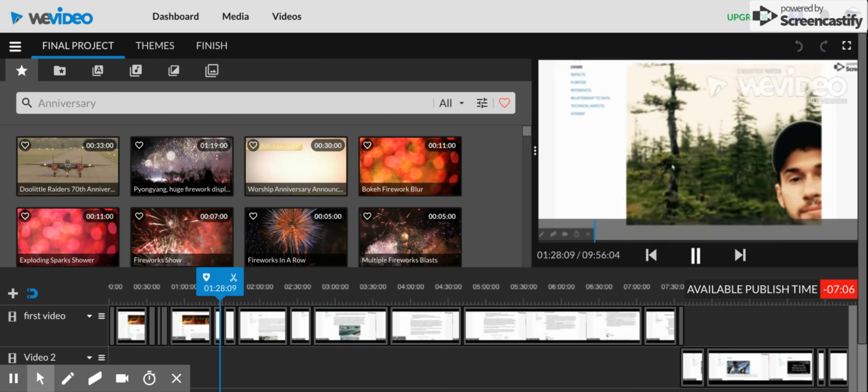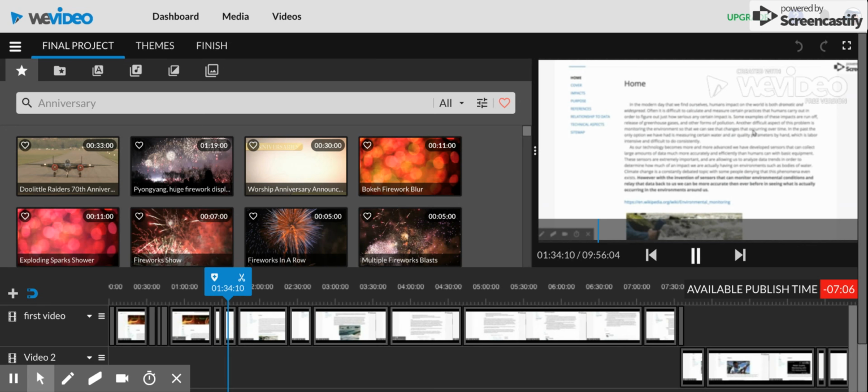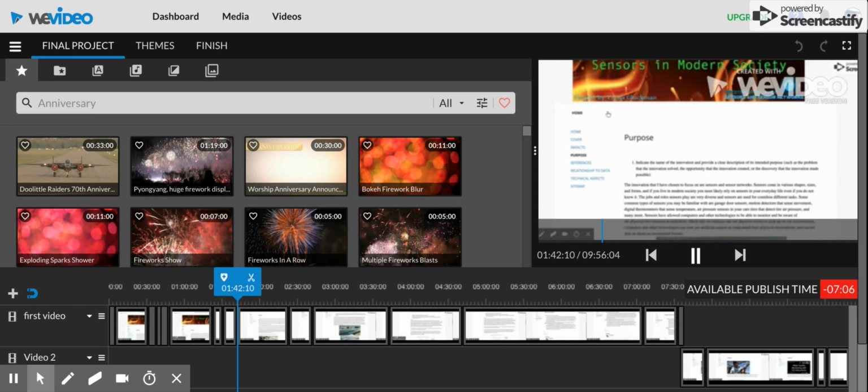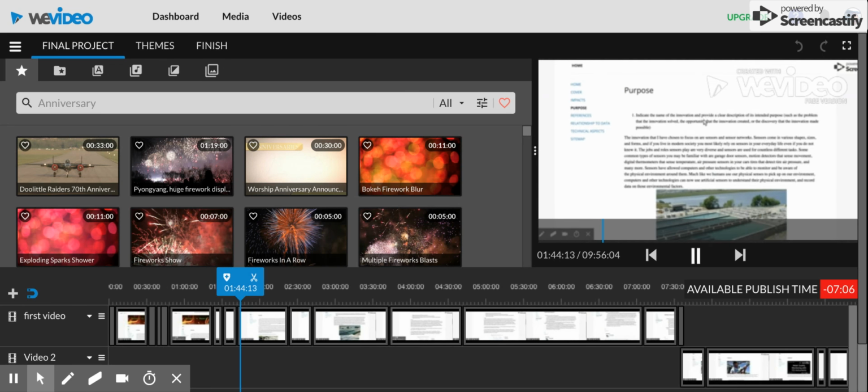Now we will go through some of the questions that we were asked in our final project guide, which is indicate the name of the innovation and provide a clear description of its intended purpose, such as the problem that the innovation solved, the opportunity that the innovation created, or the discovery that the innovation made possible.